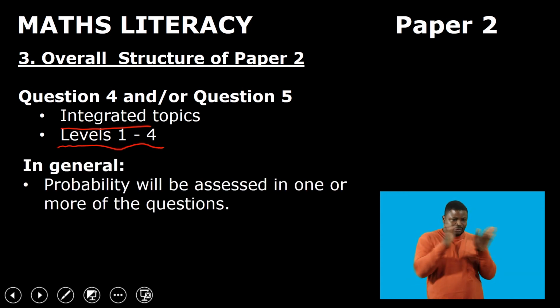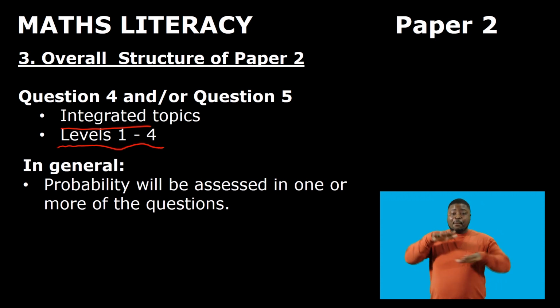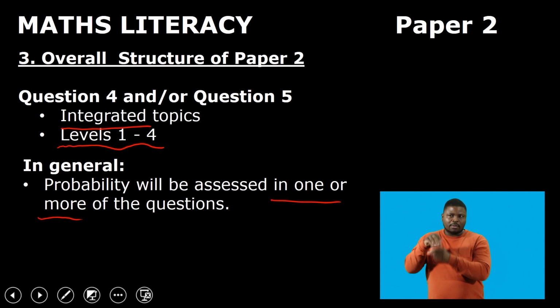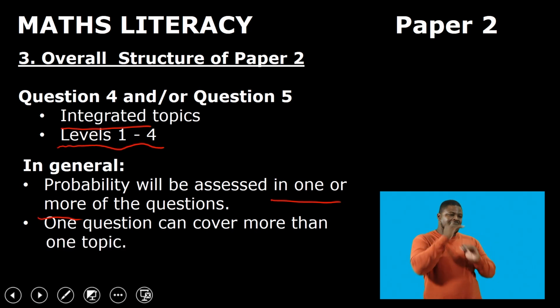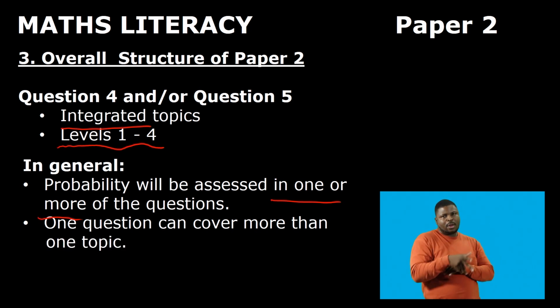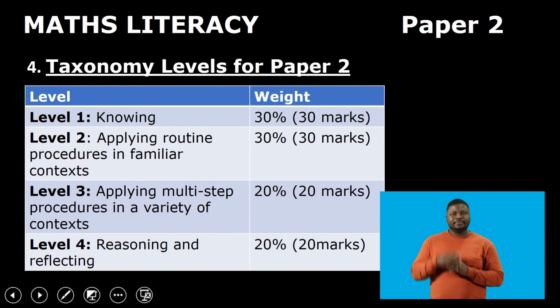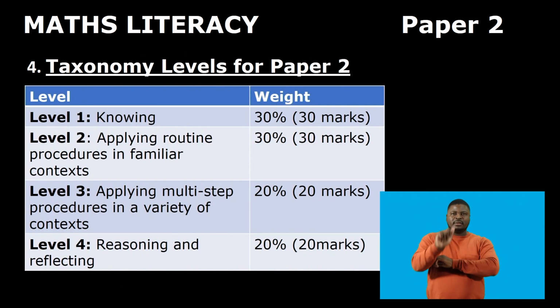In general, we need to remember that probability will be assessed in one or more of the questions. And then one question can cover more than one topic, and that is, in general, what we need to know. If we look at the taxonomy levels, when we speak about a level 1 question, it is knowing anything that you need to read from the table or define, or, as I said, a simple calculation.